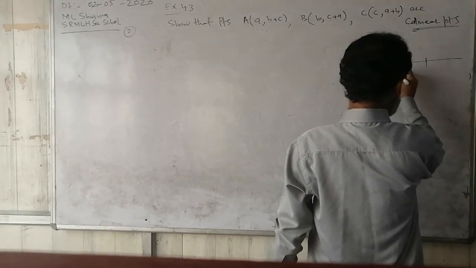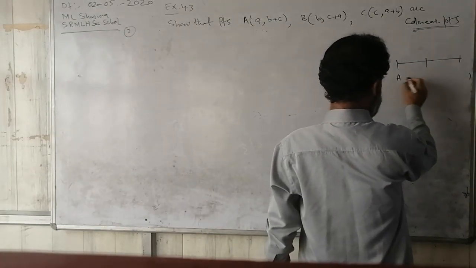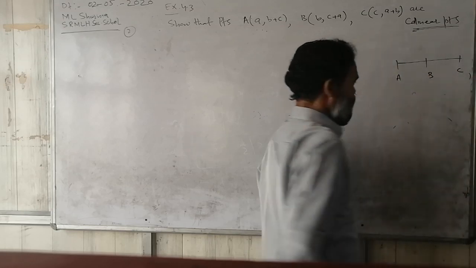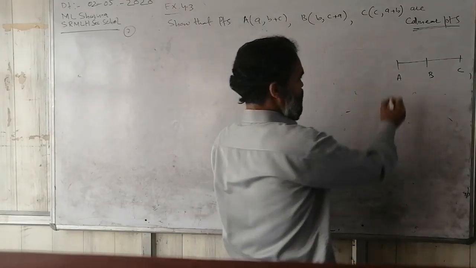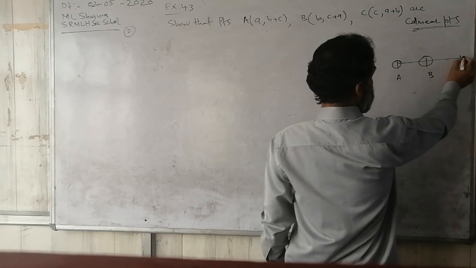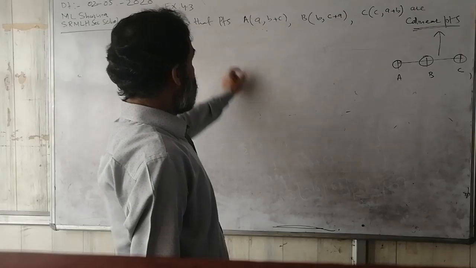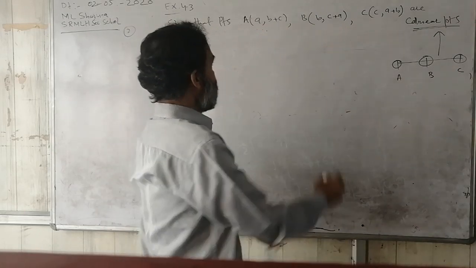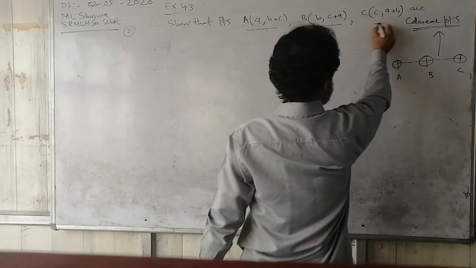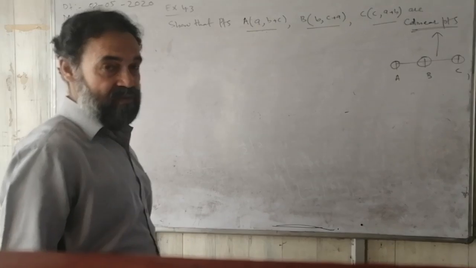Now, what are collinear points? Suppose I have 3 points A, B and C. If they lie on the same line, I can say the points are collinear. So we have to prove these 3 points A, B and C are collinear.